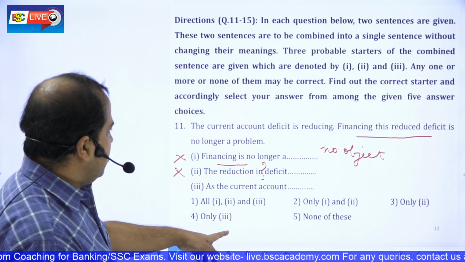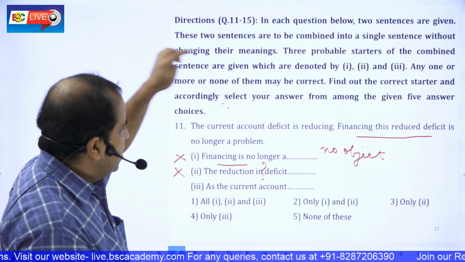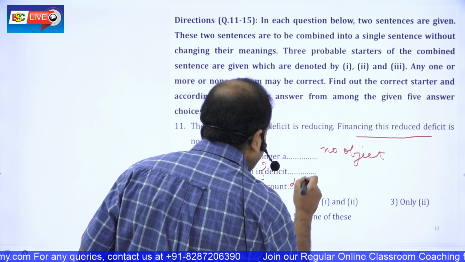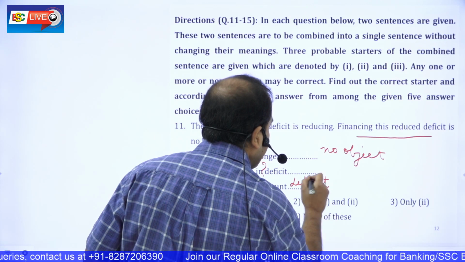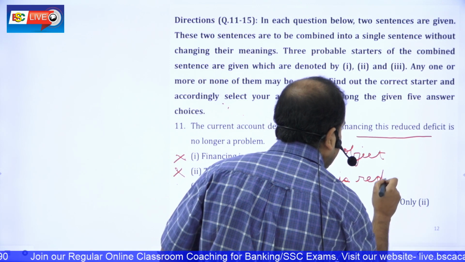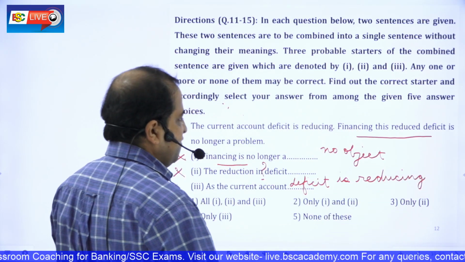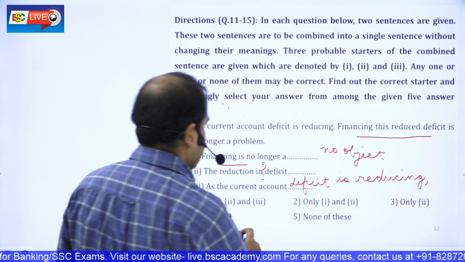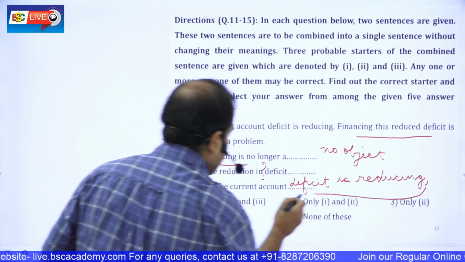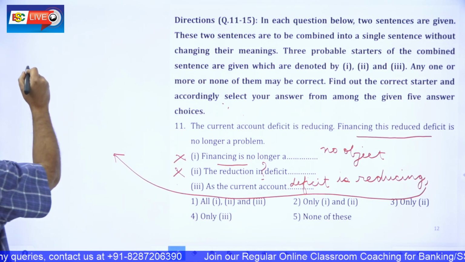As the current account deficit, obviously referring to this sentence, as the current account deficit, so let us try to write this. As the current account deficit is reducing, financing.